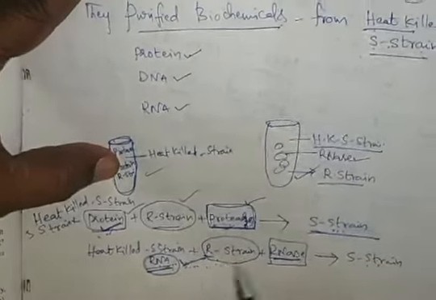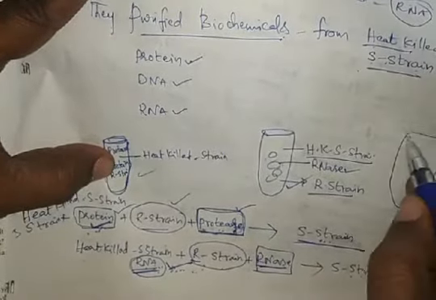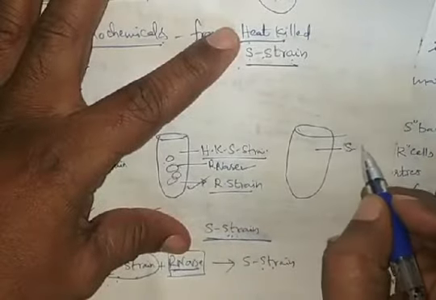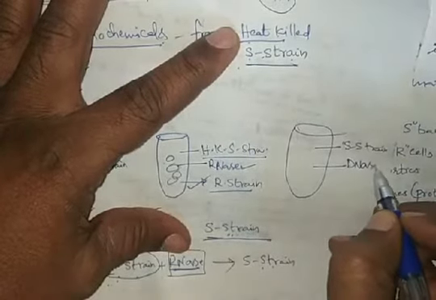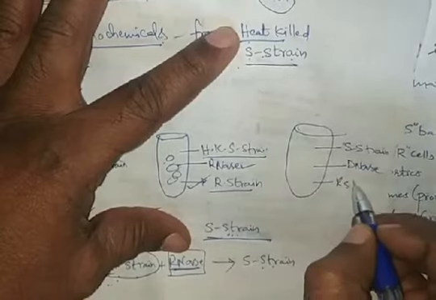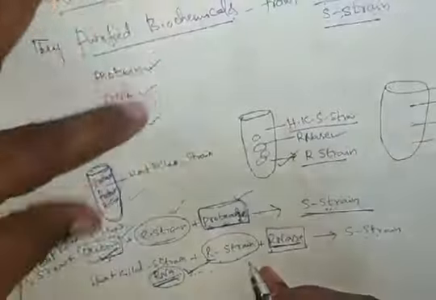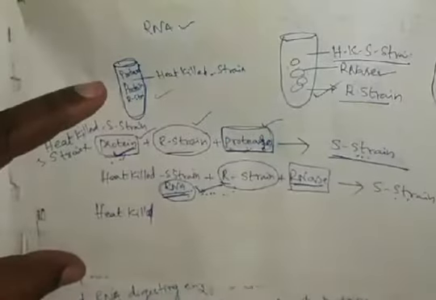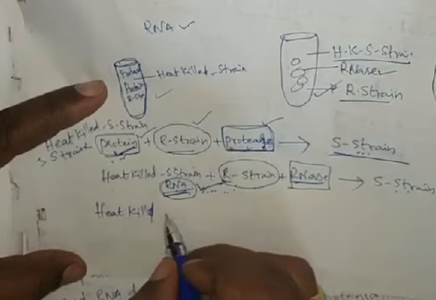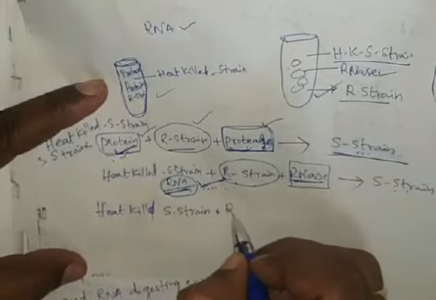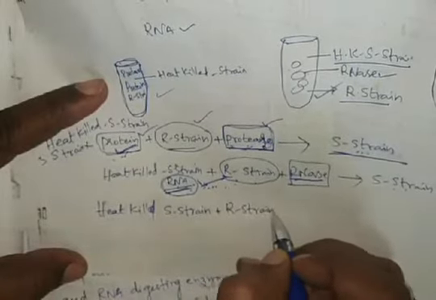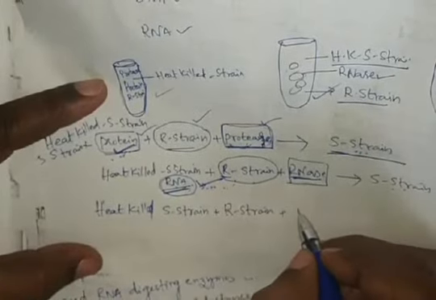Now, in the third test tube, what did they take? In the third test tube they took heat killed S strain, R strain, and DNase.